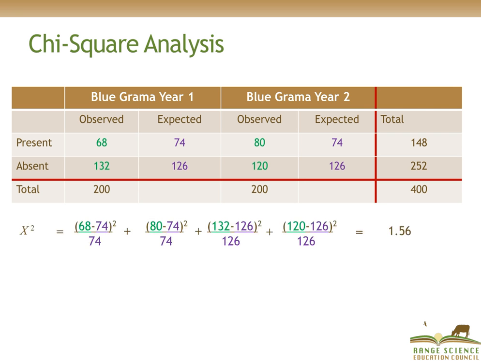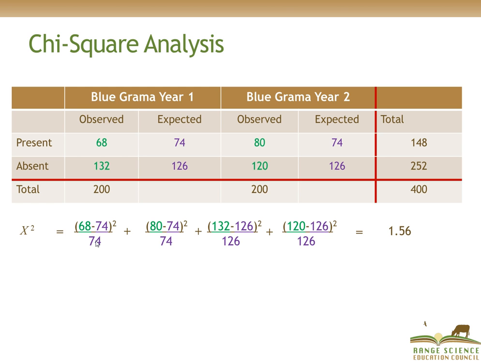If we plug these data into the chi-square formula, we have 68, the observed present, minus 74, which is the expected, and this value is squared first and then divided by the expected.